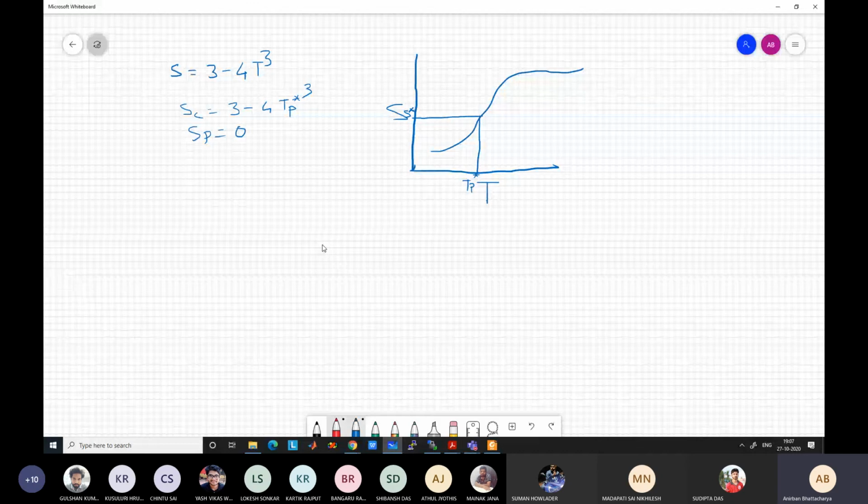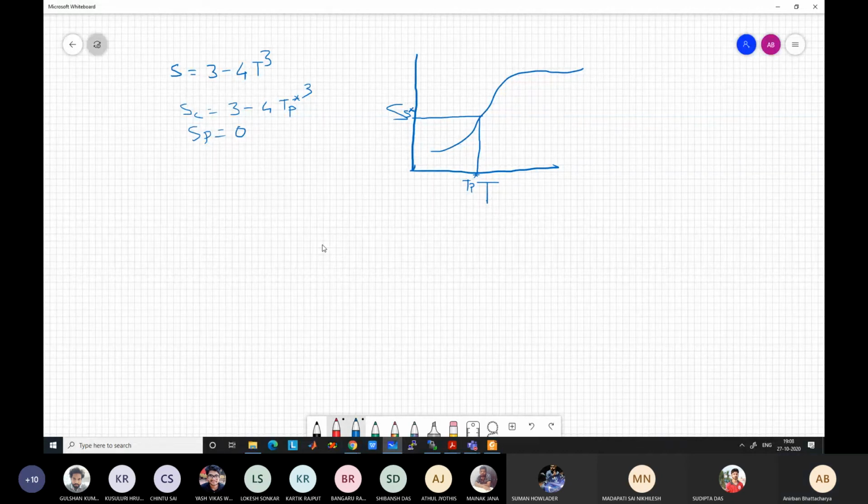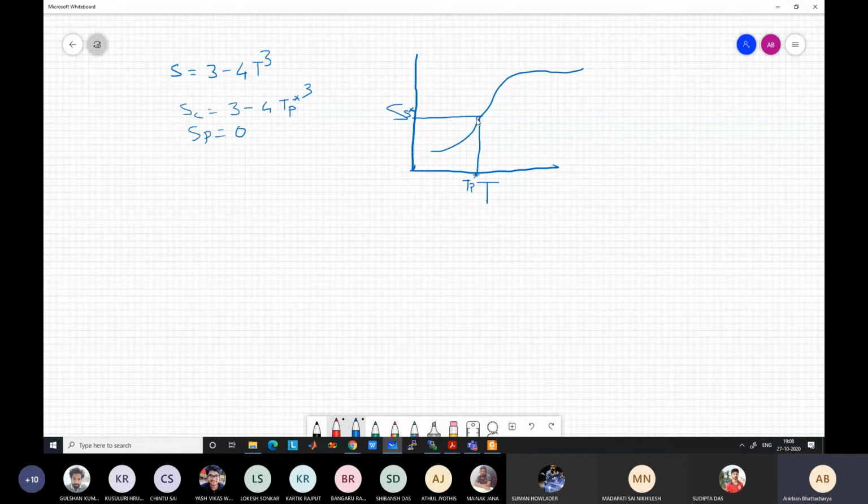So at some point TP star, you have the source term S star. So what I can do is try to capture the slope correctly at this point by defining SC and SP in such a way that the slope is correctly captured. So what is the slope at this point?